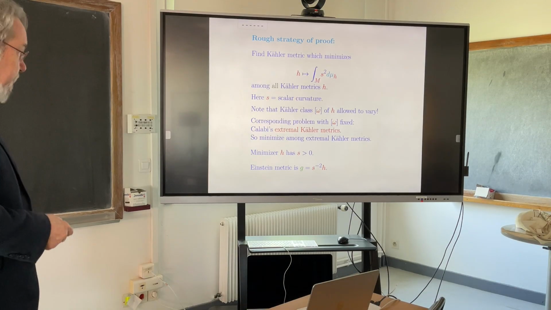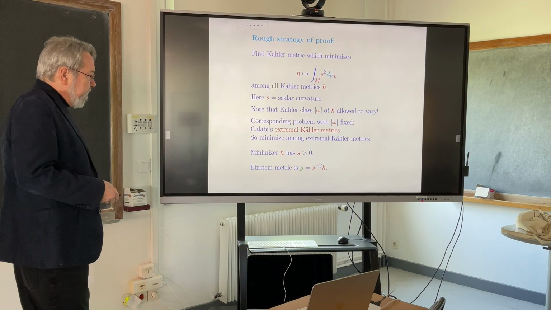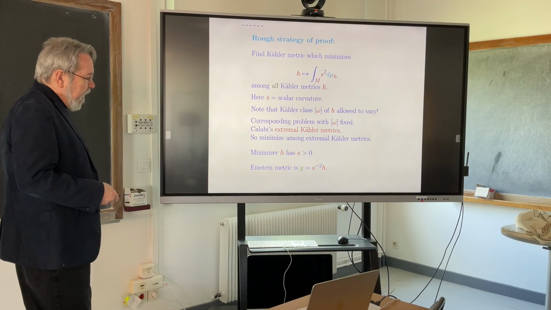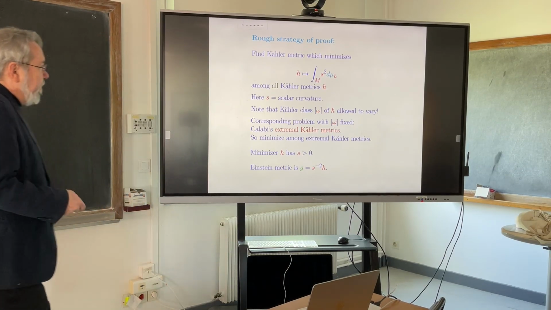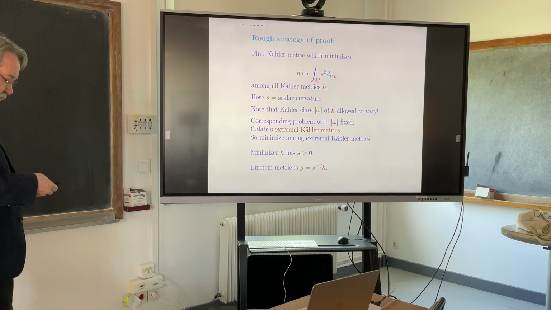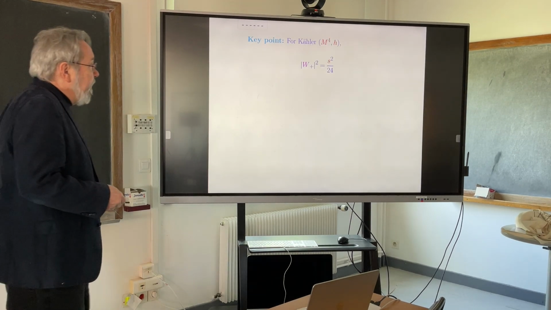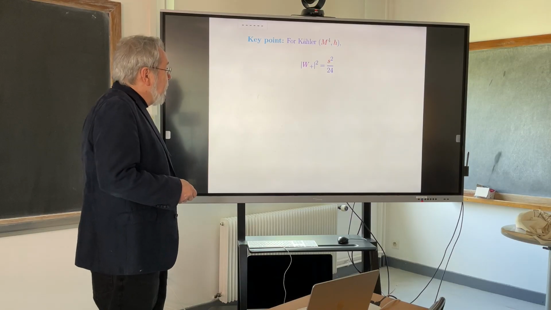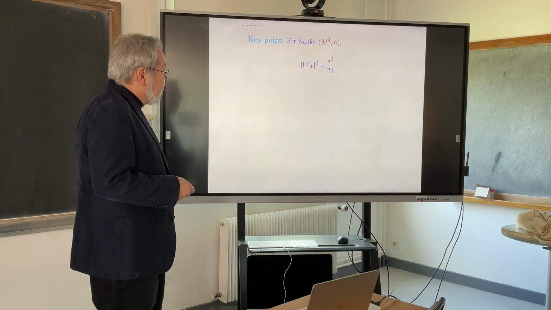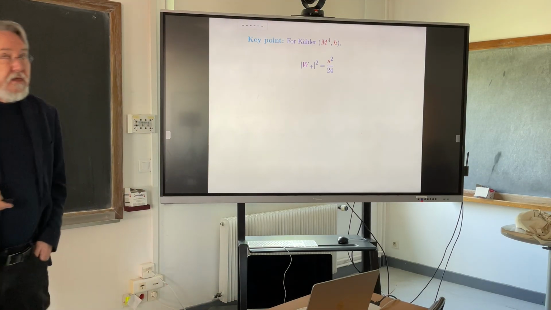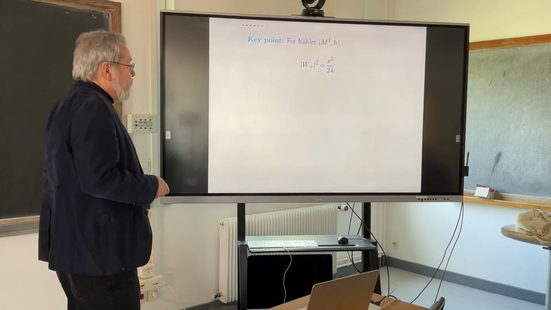The fact that this is a good conformal factor was first discovered in the early 80s by Andrzej Derdziński, completely independently of Calabi. His paper came out the same year as Calabi's paper on extremal Kähler metrics, where he finally really explained the theory to the world. So one key point is that for a Kähler metric, the norm squared of the self-dual Weyl tensor turns out to be a multiple of the scalar curvature squared. It's the scalar curvature squared over 24.